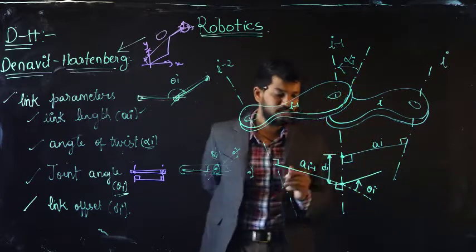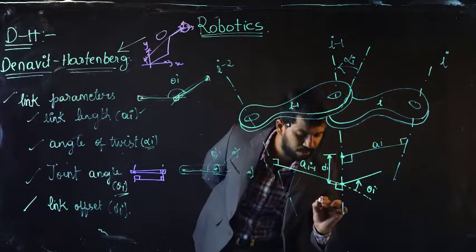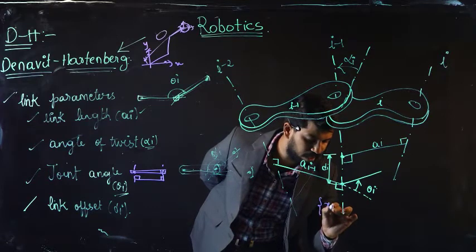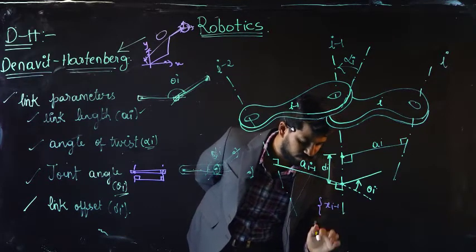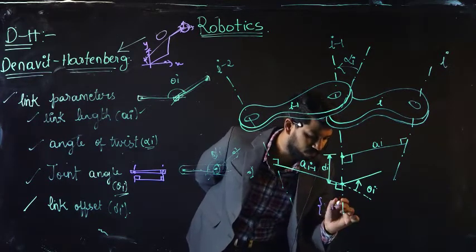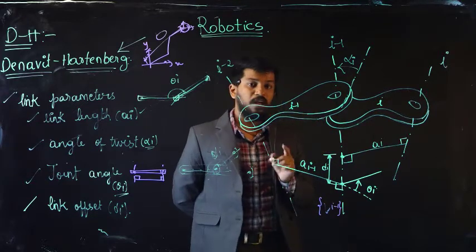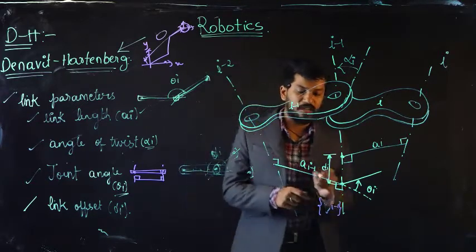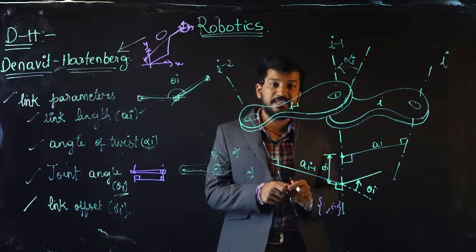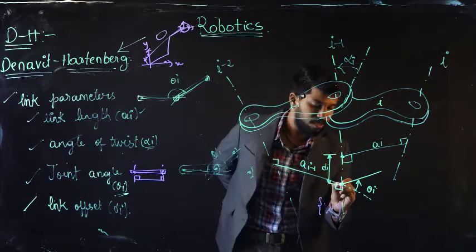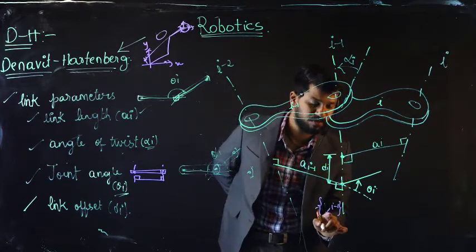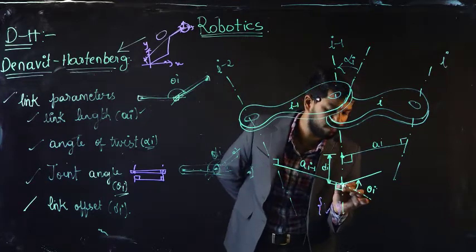First, let me design one frame somewhere here. Let this frame be x, i minus 1. Remember, we will be measuring the x-axis along the link length. This particular point I am calling i minus 1, the i minus 1 coordinate system.